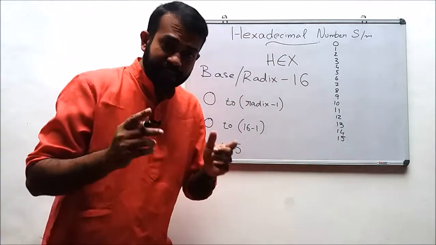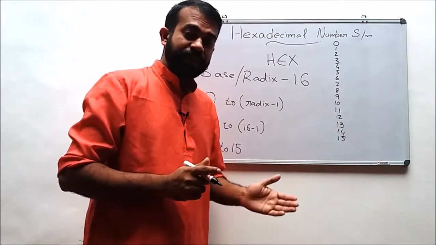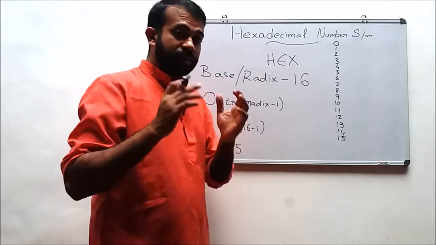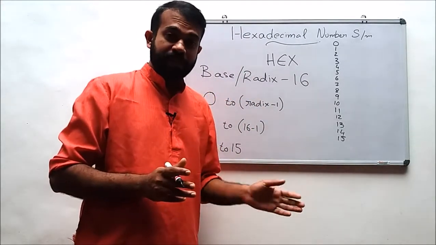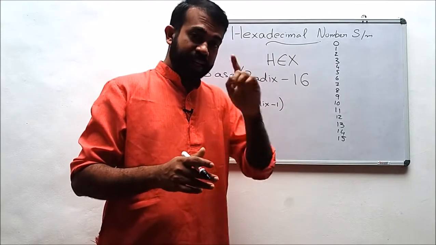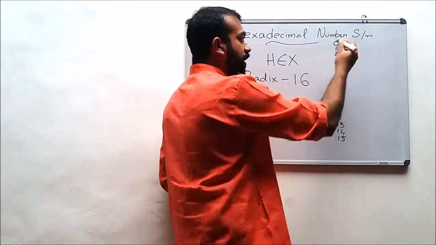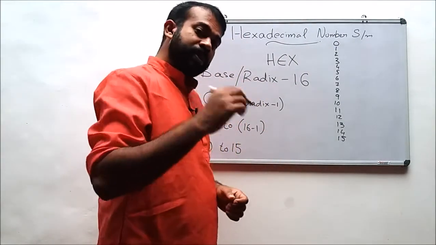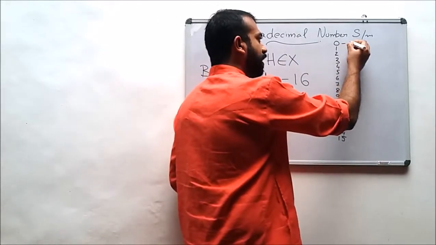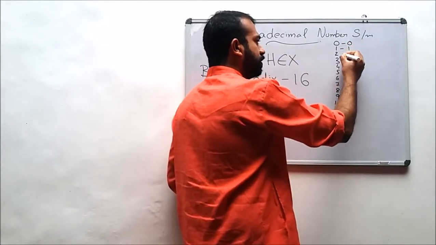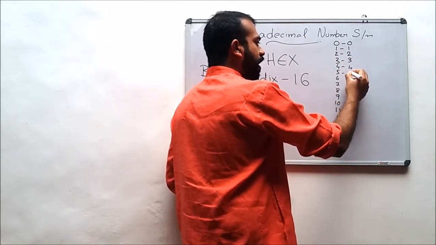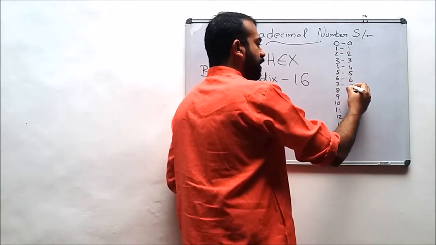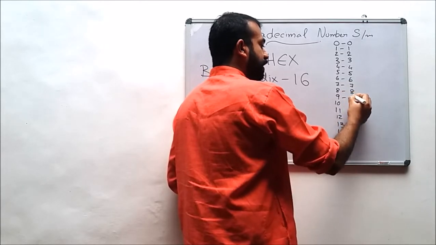So the hexadecimal equivalent of these 16 decimal numbers, that is ranging from 0 to 15, is as follows. The decimal number 0 is represented in hexadecimal as 0 itself. 1 is also 1, 2, 3, 4, 5, 6, 7, 8 and 9.